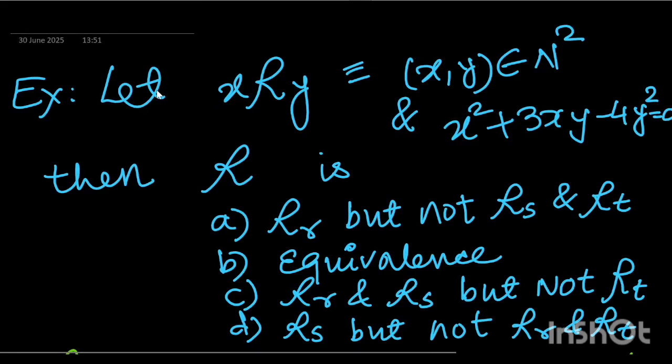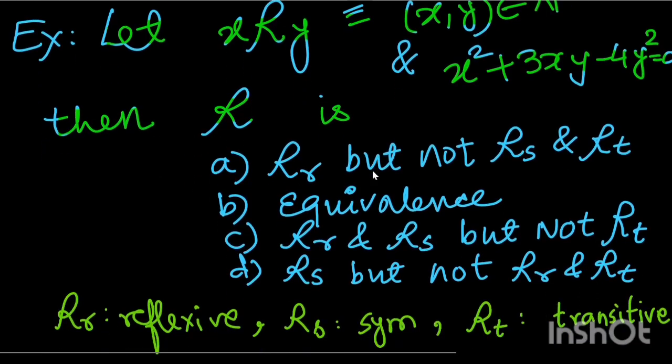Now in this single correct question, it is given that R is a relation satisfying xRy such that x, y belong to the set of natural numbers and x square plus 3xy minus 4y square is equal to 0. So natural numbers must satisfy this constraint, then it would be R. So the question, we need to select one option.